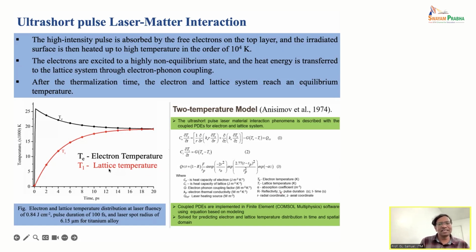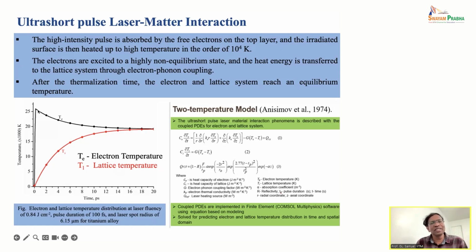Now, as I said initially, here we have 2 temperatures. One is the temperature of the lattice, the other is the temperature of the electrons. When you apply the laser, first the electrons absorb the energy and their temperature increases. At the same time, a small amount of energy is given to the lattice, so the lattice also starts heating up.